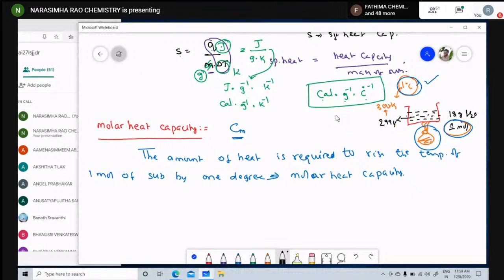No, sir. Okay. In the specific heat capacity formula, sir, in the denominator there is mass. Can we take it as 1 gram, that is specific heat? Specific heat capacity becomes molar heat capacity. Clear?